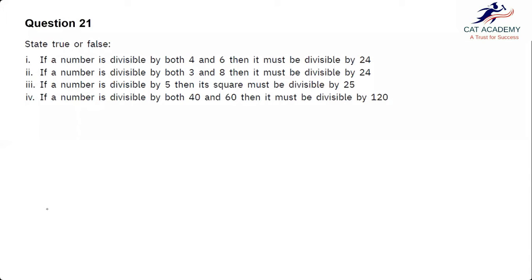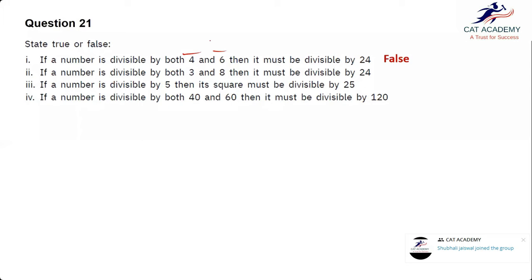No. If a number is divisible by 4 and 6, then at max what I can say is it is divisible by the LCM of 4 and 6, which is 12. See, because 4 and 6 are not co-prime numbers.